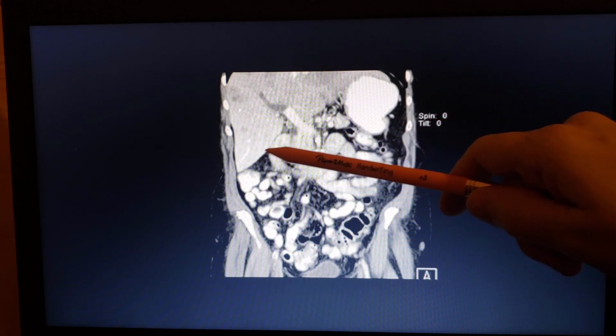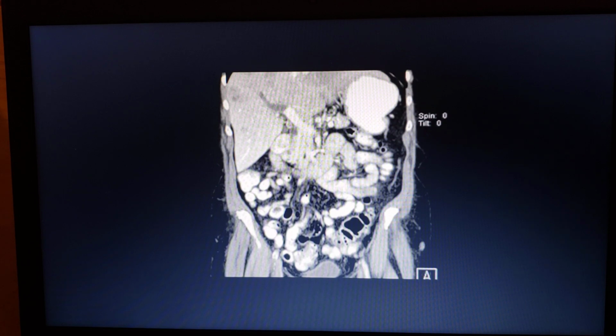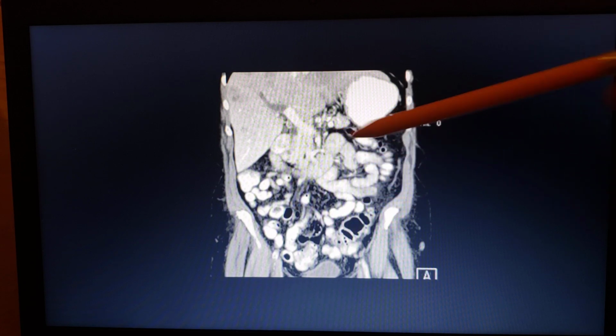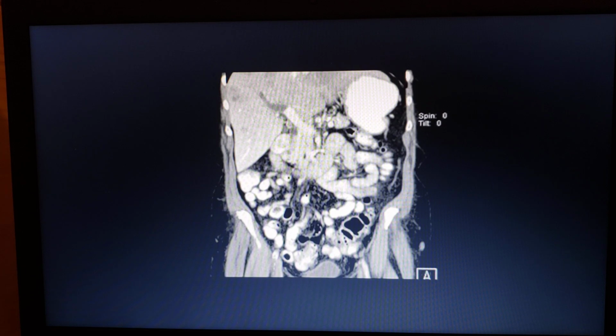You can make out the liver here, and we see on this CT there's a lot of clotting going on, a lot of thrombus. We can make out some issues there. There's multiple liver abscesses. So a lot of clots in this patient's CT. It's very difficult in the CT to identify abnormal tissue.